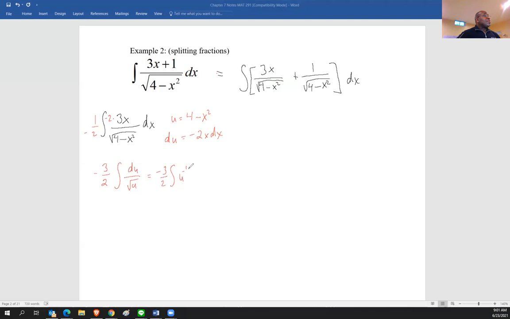Now, of course, the square root of u in the denominator is just equivalent to u to the negative 1/2 power. So if we integrate that, we'll have negative 3/2 times 2 over 1 times u to the 1/2 power. So it's u to the 1/2 power divided by 1/2. Dividing by 1/2 is the same as multiplying by 2.